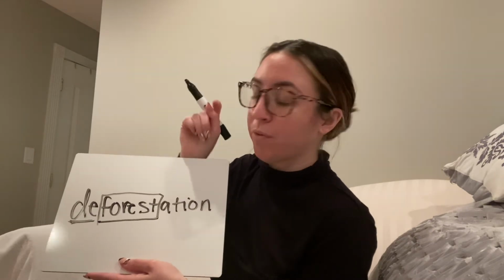Okay, now let's look at the suffix. That's this part right now because we have the prefix, the base word, and now the suffix. So ation. What does ation mean? Ation is the action, correct.